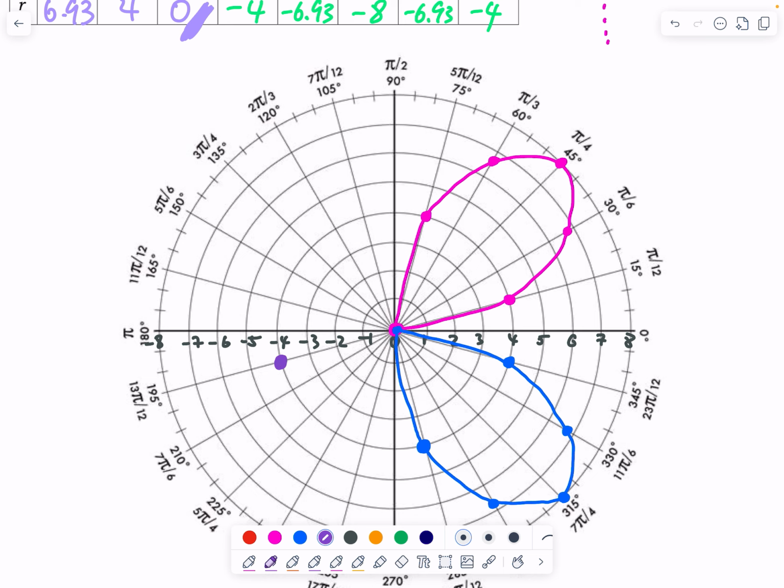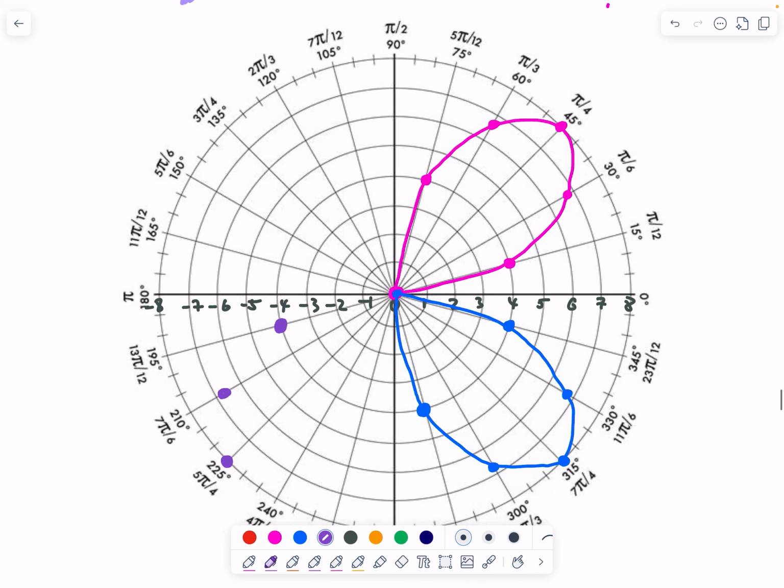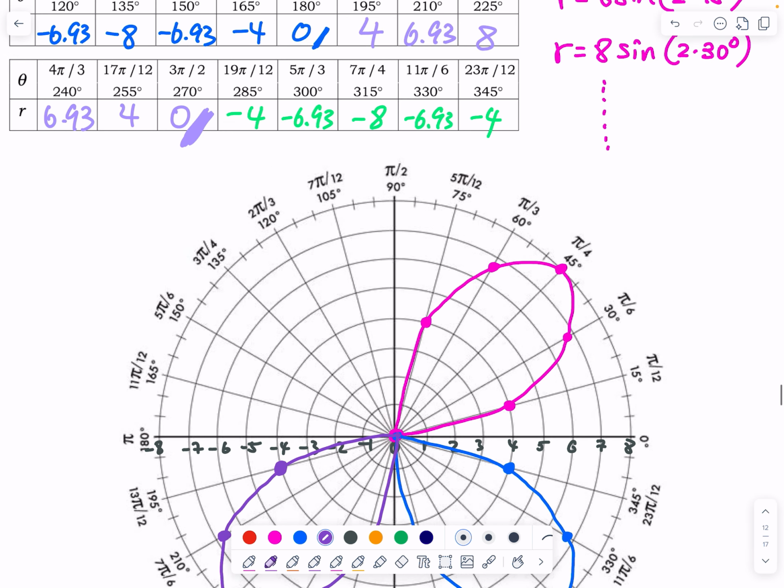Okay, 6.93, 8, 6.93, and then a 4, and then a 0. So we will go this way. Okay, back to the 0. That's why I mark my 0.